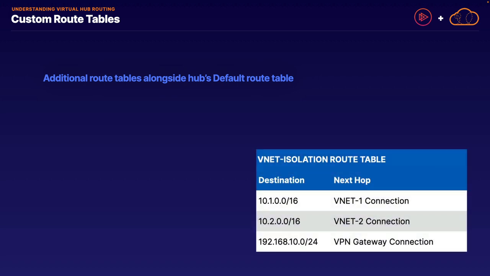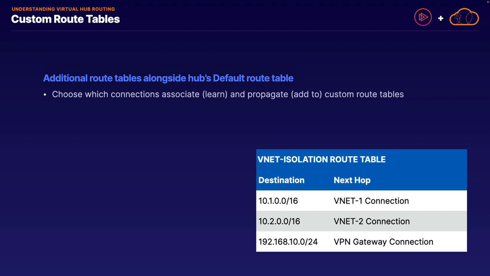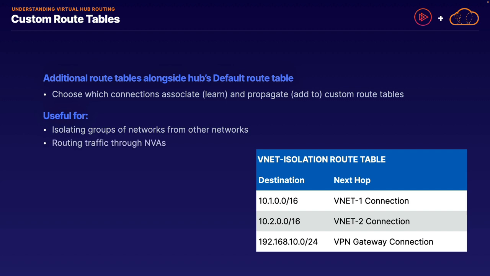How it works, as opposed to our any-to-any routing, you can choose which connections, or in other words, which network connections, can associate, in other words, learn, or propagate, or add to those custom route tables. These custom routes are useful for scenarios such as isolating groups of networks from other networks. That applies for both virtual network connections and hybrid connections, and also scenarios in which you want to route traffic through different network virtual appliances attached to that hub.